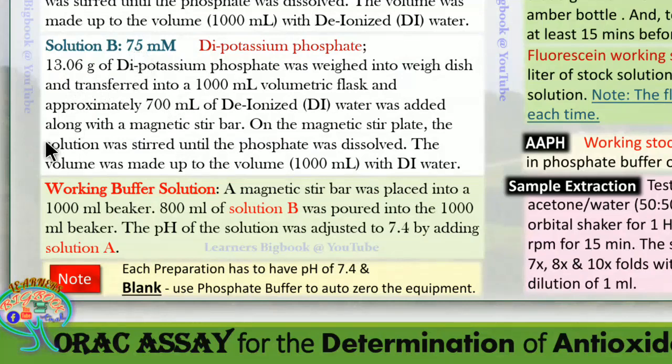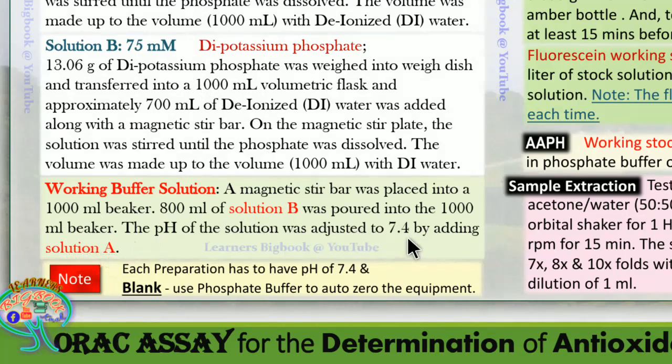Further, to prepare the working buffer solution, we are going to take a 100 ml beaker and add 800 ml of solution B. First we add solution B. Further, we add solution A slowly to adjust the pH to 7.4.